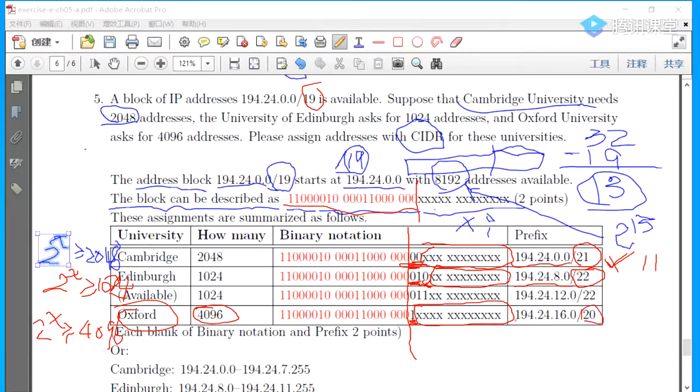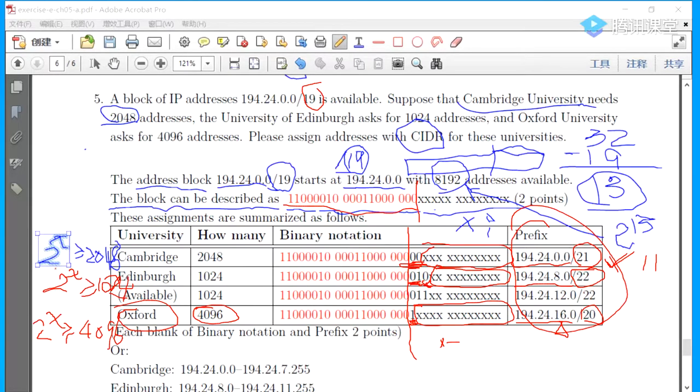Then how to determine the base address? We can set x equals 0. X equals 0 means 0001, 000, 4 zeros. So here it is 194.24.16.0/20, right? So we can assign the address blocks for these universities.